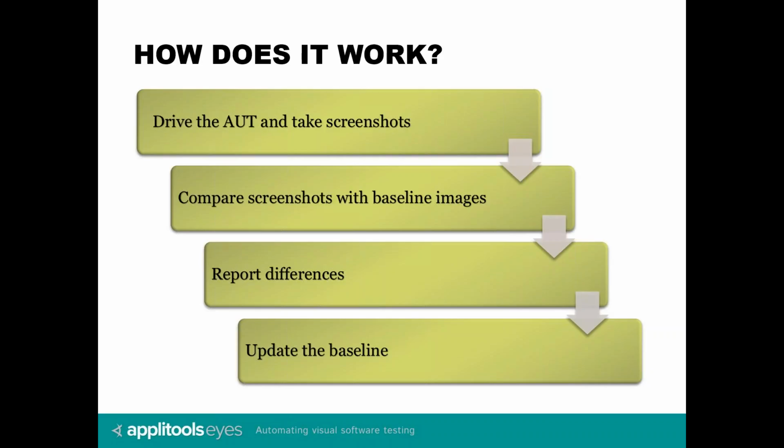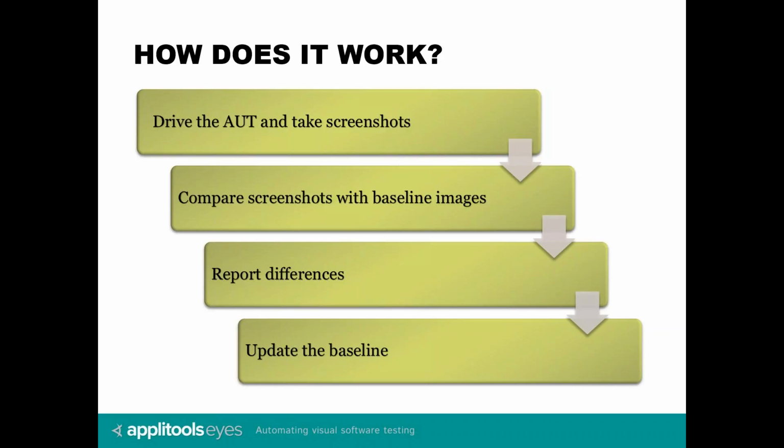In the third step, the tool takes the results of these image comparisons and generates a report that includes all the screenshots, the baseline images, and any differences that were found. And in the fourth step, a tester has to look at the reports and decide for each difference, if there were any, whether it's a bug, in which case he opens a bug, or if it is a valid change to the application, he approves the new screenshot to be used as a baseline for subsequent test runs.